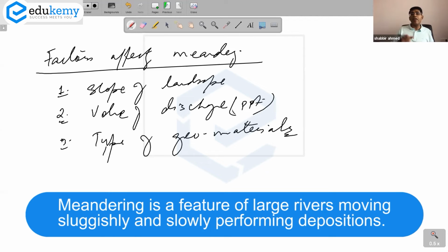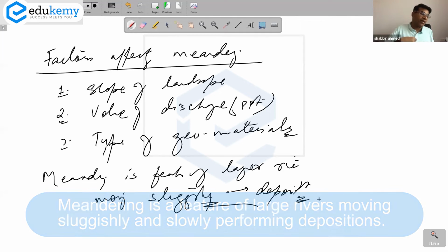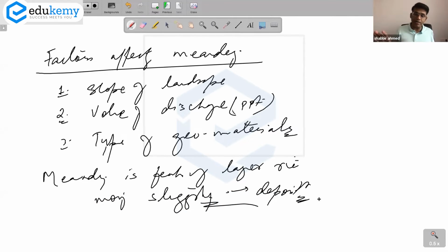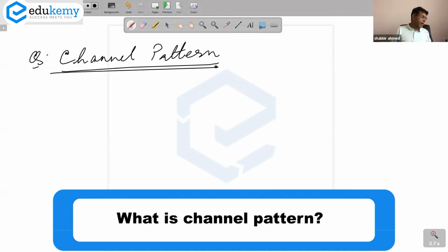Meandering is a feature of large rivers, moving sluggishly and slowly, and performing depositions. If depositions do not happen, the turning is not sharp. Okay, so we have taken care of meanders. What is channel pattern? Channel pattern.